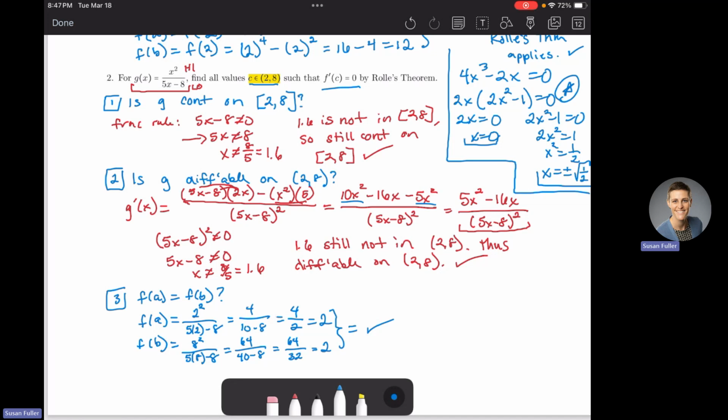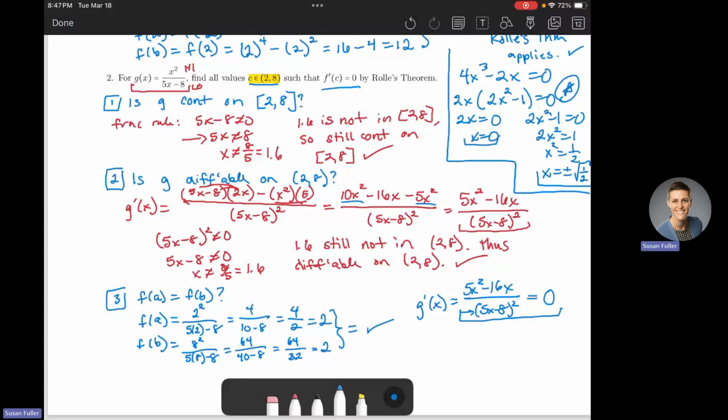And so my g prime of x, which we found up here, was 5x squared minus 16x all over this 5x minus 8 squared. I want that to be equal to 0. This fraction is only going to be equal to 0. If you have a hard time seeing that, just start with setting this whole thing equal to 0 and multiply both sides by this denominator.